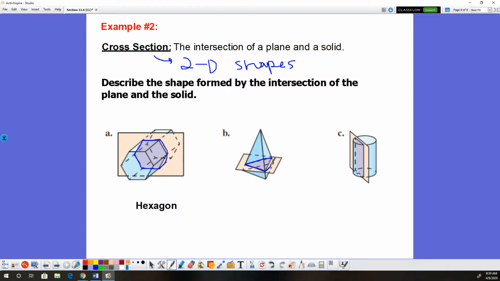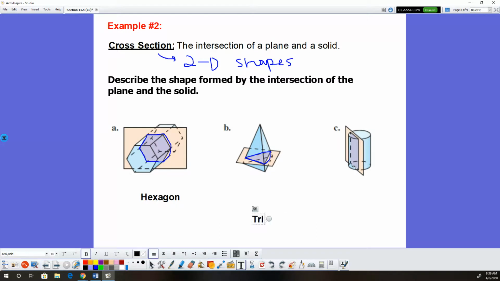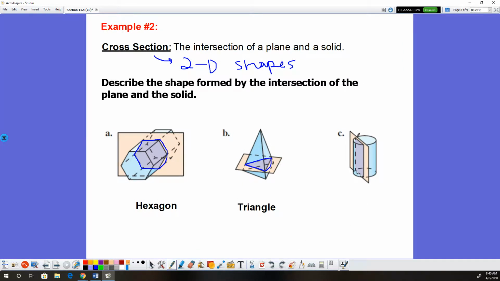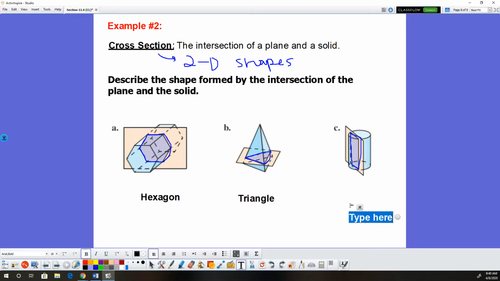Notice in purple here, all we're left with is a triangle. Over here on part C, we have a cylinder. I slice straight down. So if I look at this plane going down, what two-dimensional figure do I see? Well, let's look in purple. It is a rectangle. Hopefully that's not too bad.